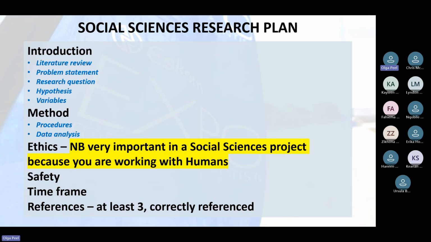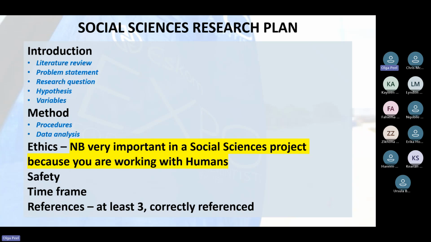Now, in the social sciences research plan, the ethics plays a very big role because you are working with humans. That's just a brief way of looking at it. So there must be statements about how to keep data anonymous, how to get permission for research on a school campus, for example, and so on.